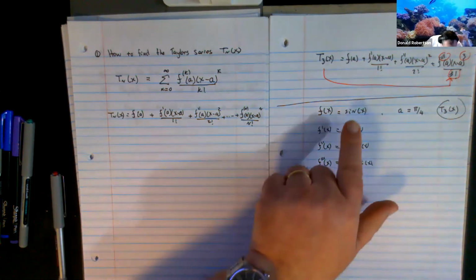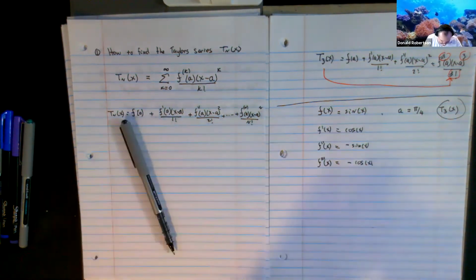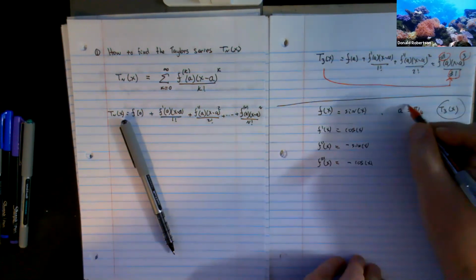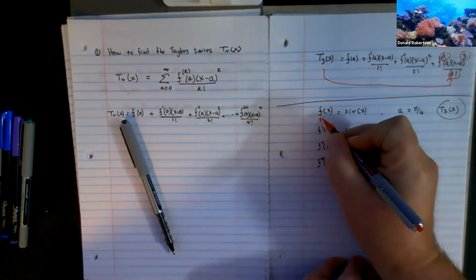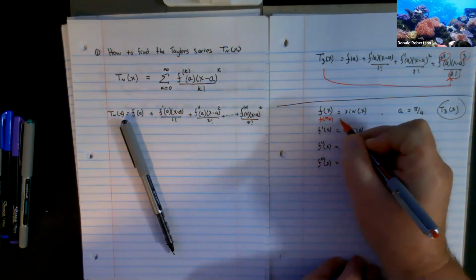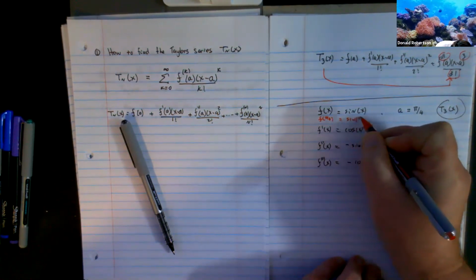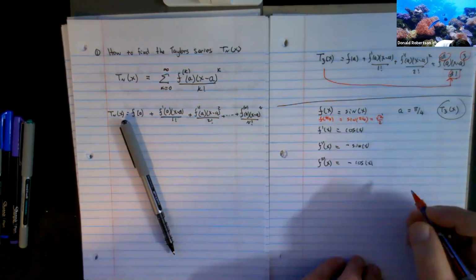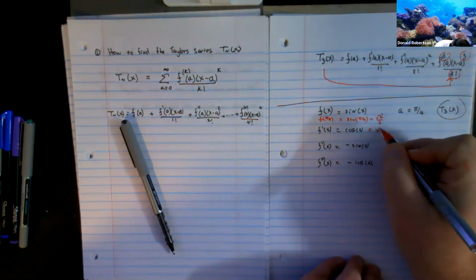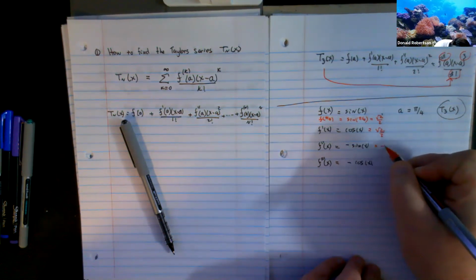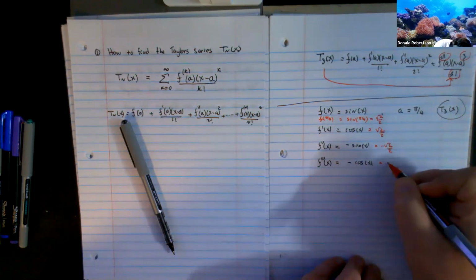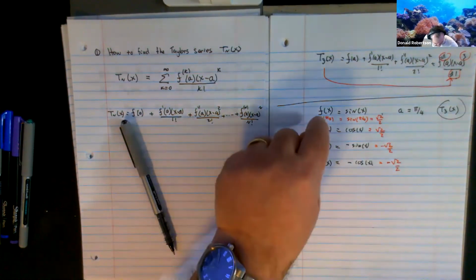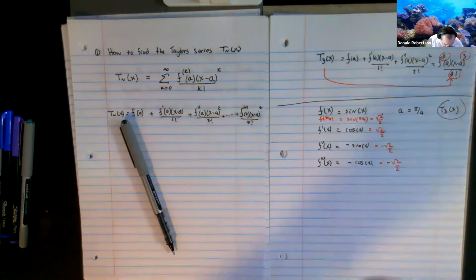Now, for each one of these, I would then find the value at a. So in this case, the value of the function would be the sine of pi upon 4, and I'm picking one that's got nice numbers, root 2 over 2. This one would also be root 2 over 2. This would be negative root 2 over 2. And this one here would also be negative root 2 over 2. So these are the first, second, third, and so on derivatives.